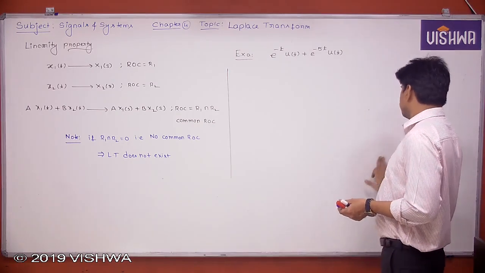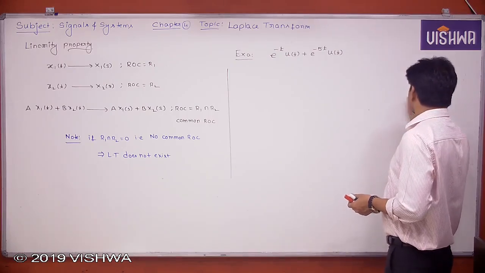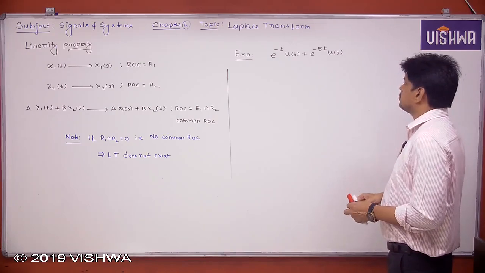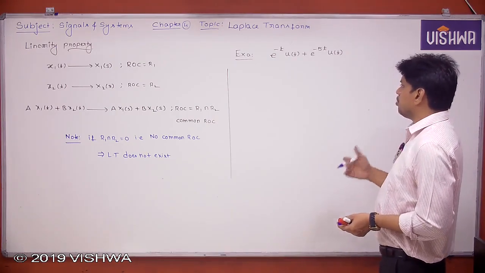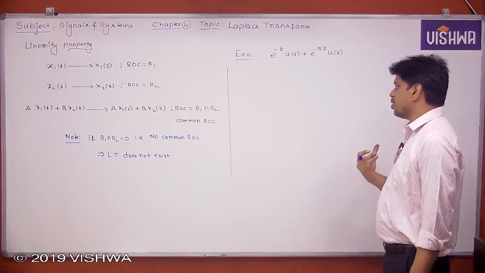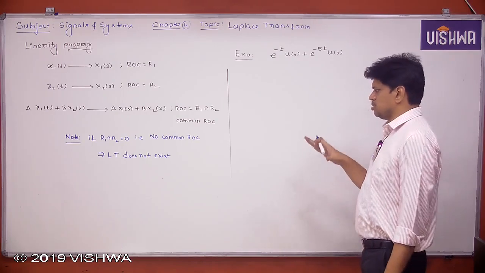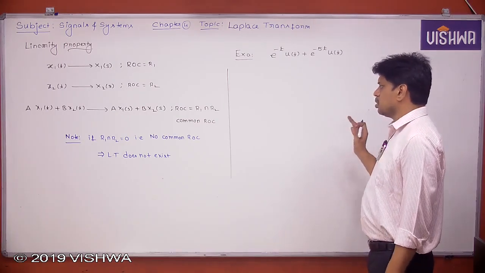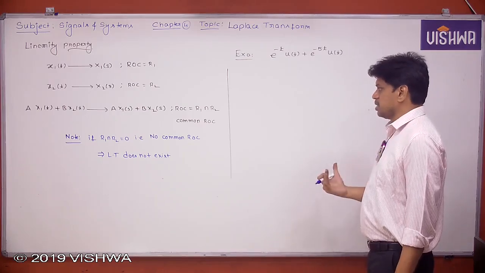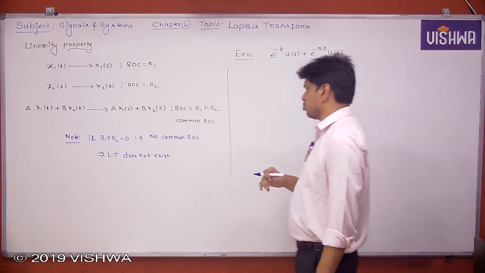Listen carefully. To apply the linearity property, first we have to check whether a common ROC exists or not. If there is no common ROC, we can directly say the Laplace transform does not exist. If the ROC exists, then only we go for the Laplace transform or linearity property.